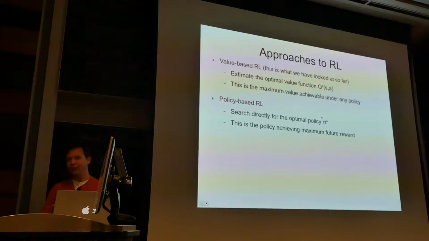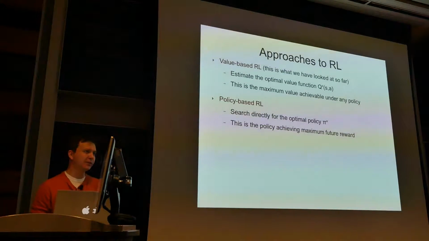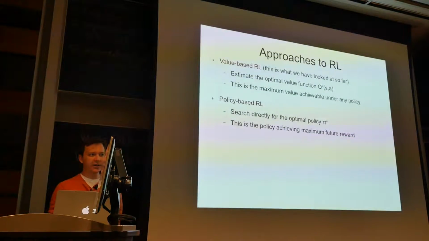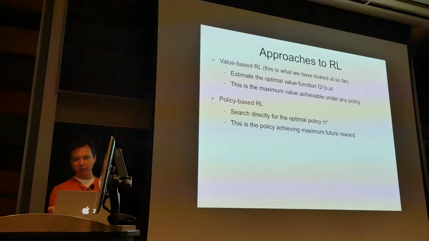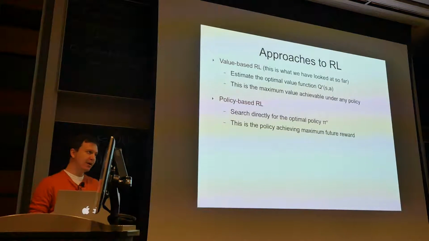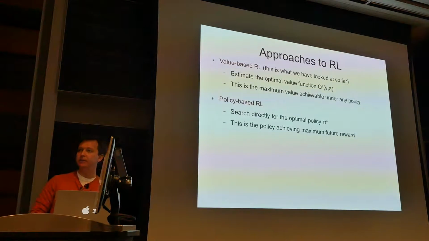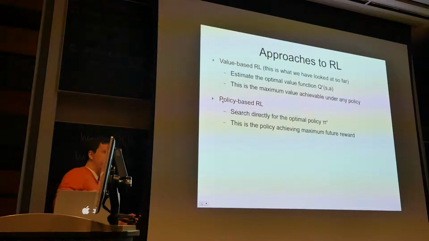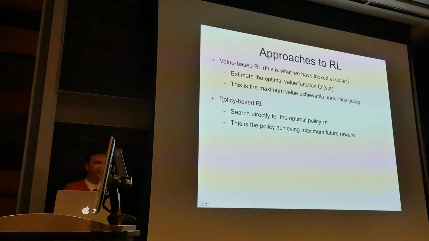If you know nothing about RL and you say, I want to build a robot, the robot sees the environment and then it spits out the probability distribution of possible actions, like turn left or turn right. And if the robot is wrong, then you're updating through some kind of update what the policy should be, which basically says, don't take this action, take this action. And so these policy-based reinforcement learning algorithms can actually work quite well. And actually, there are also classes of models that we're going to look at that combine value-based RL and policy-based RL. So you're learning both the value function and the policy jointly.